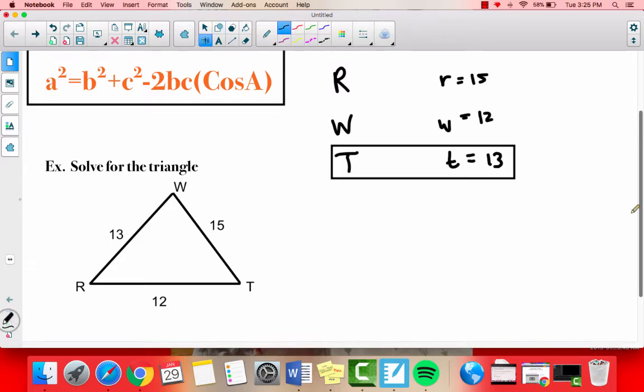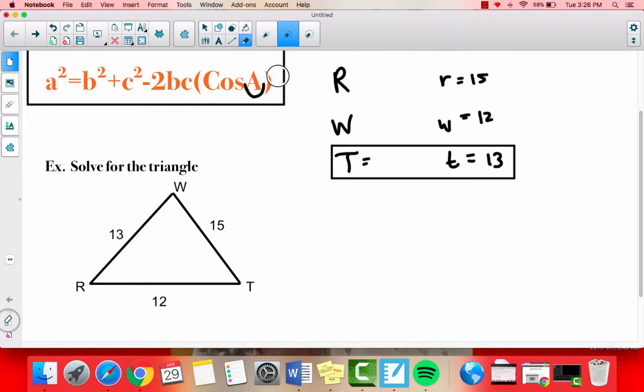And if we do that, what we want to do is plug the information we have into our formula here in orange. I'm going to start by plugging in T into the A spot because we're looking for angle T, and the angle is what goes in the cosine spot. So if you look here, the angle and the side length letters have to match up.